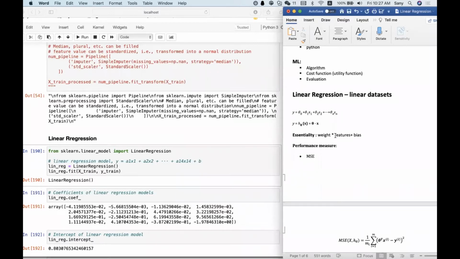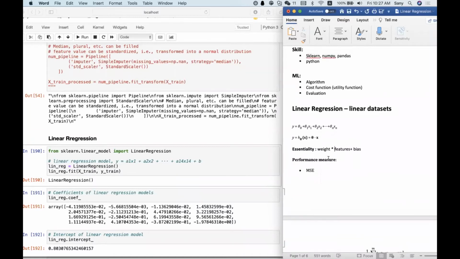They will learn by themselves to find out what the weight should be and what the bias should be.